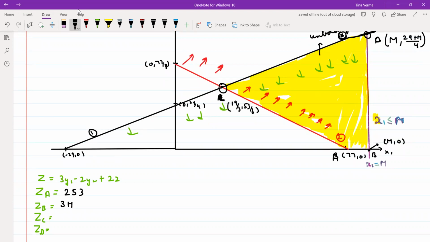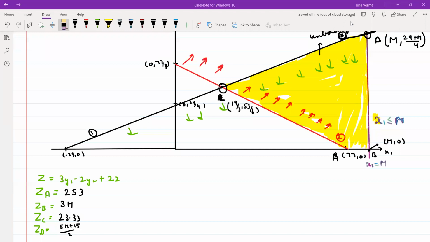Point C is the intersection point we have already obtained, with value 23.33. And for point D, if I substitute, I get (5m plus 15) by 2.